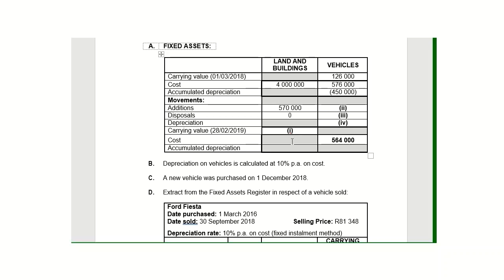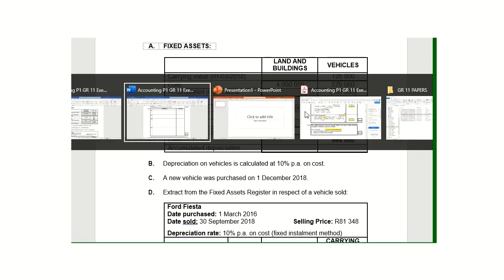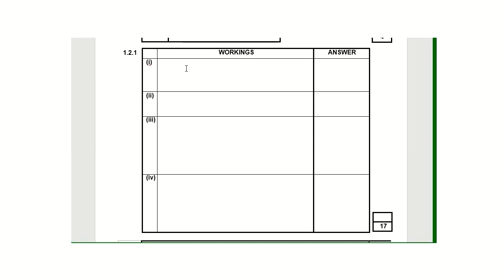So it would be the same figure as I put next to cost, which is simply the opening plus the additions, giving me the cost at the end.